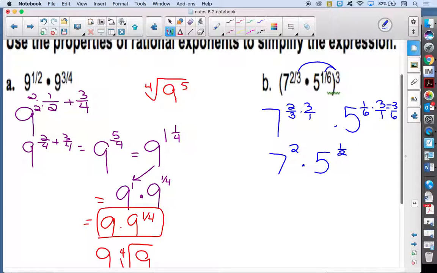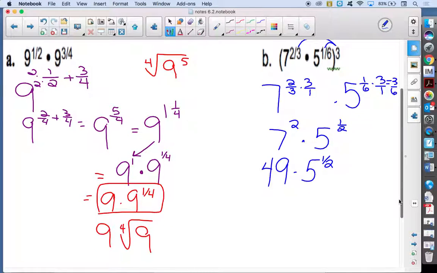So 7 squared can change to 49. 5 to the 1/2, I can't multiply 49 times 5, because again, this is really the square root of 5, and that's 49, so they're different types of numbers. So you can leave it like that, or if you'd rather see the square root in it, you could write 49 square roots of 5. They mean the exact same thing. Questions?